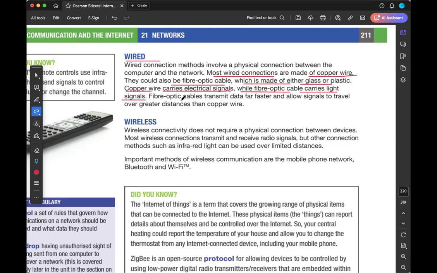Nowadays, fiber optic cable is used. Why? Because fiber optic cable transmits data far faster and allows signals to travel over great distances. I discussed a topic with you a few months ago: in the Pacific Ocean, a fiber optic wire was broken, a shark ate that wire, and the internet went down.